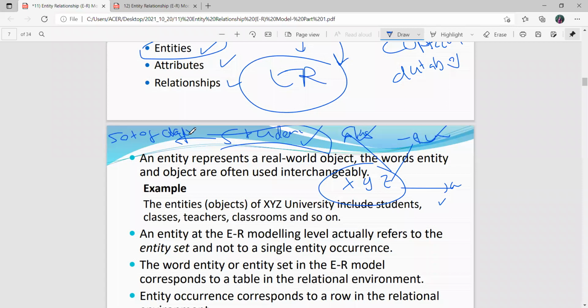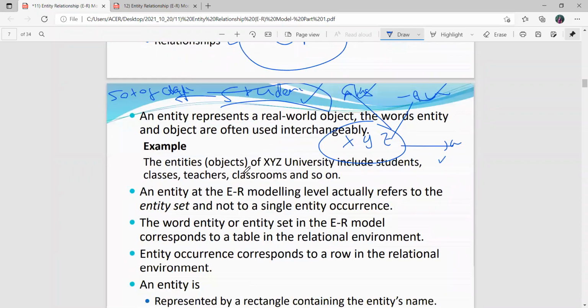Likewise, the student represents a group of data. But we only use a single word to depict this entity. In the ER model, it actually refers to the entity set, not a single entity occurrence.